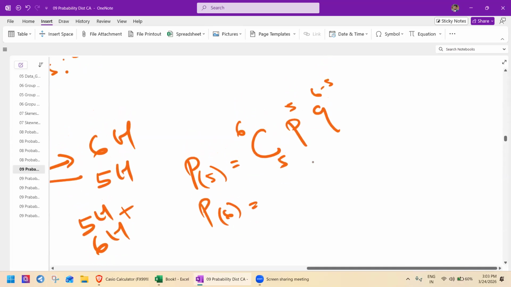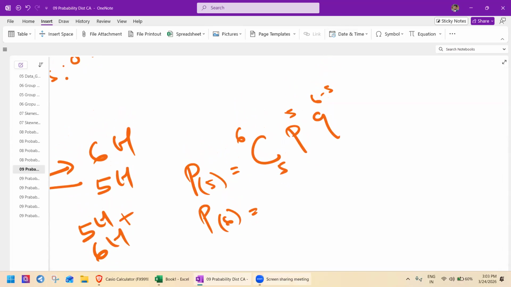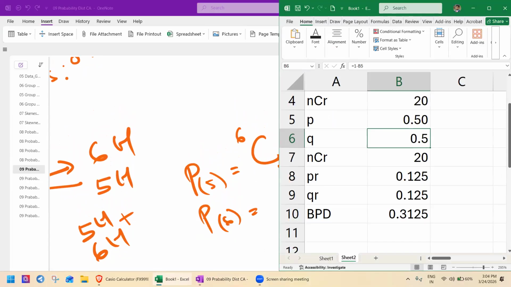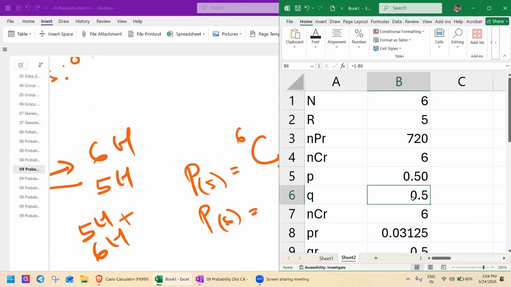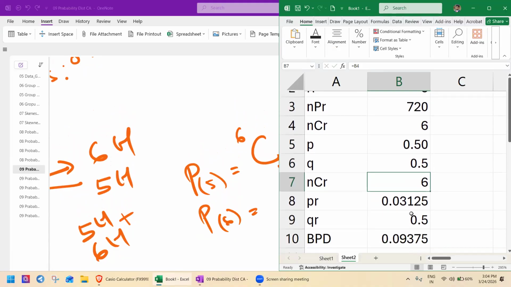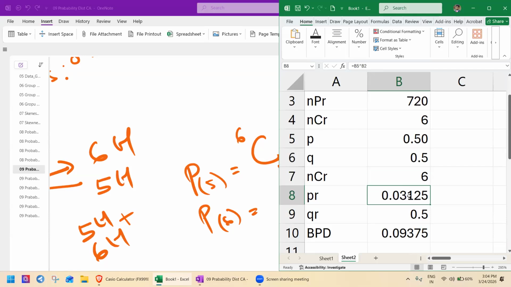Let's apply this into the Excel sheet. Now nCr, right, now n is 6, now r is 5. And p, probability, no change, 0.5. And we know nCr equals 6. And probability of success is what? 0.5. n minus r.